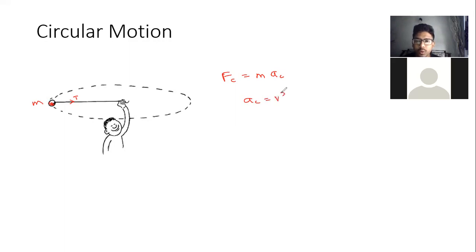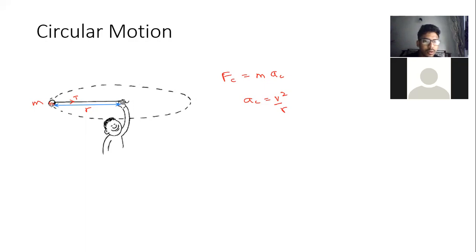We can define something as centripetal acceleration, whereas the centripetal acceleration is given by ac equals v squared over r, where r is the radius of the circular motion. So in this case, this length will be r. This is r, the radius, and then we have v, that is the tangential velocity.